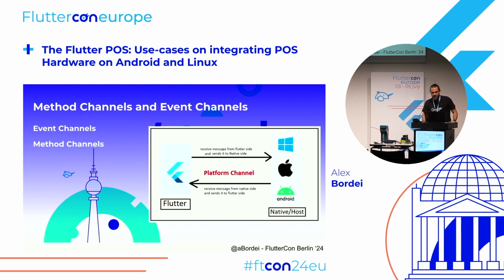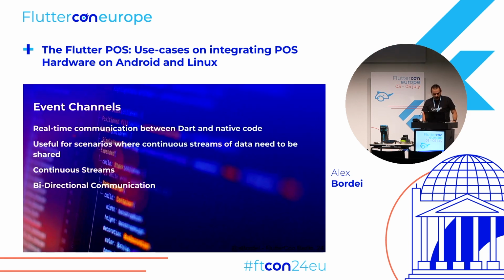The difference between event channel and method channel: the event channel is used for real-time communication, because on this POS device I have two use cases. One is where I send some data and expect it to happen without wanting a response. The other is the asynchronous event, for example the barcode scanner event.